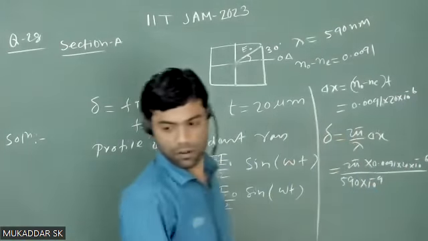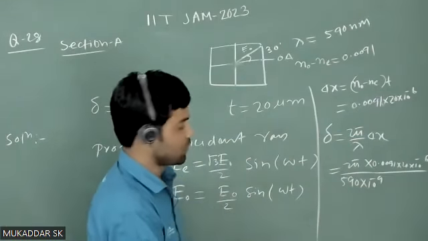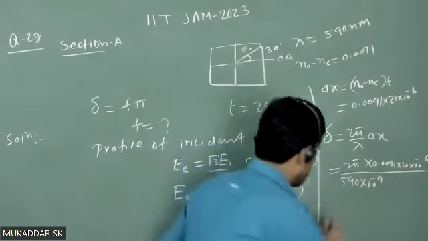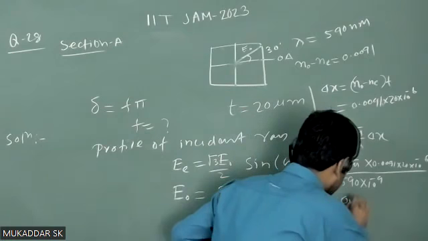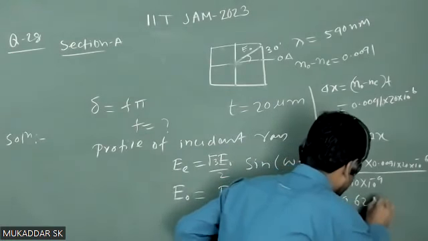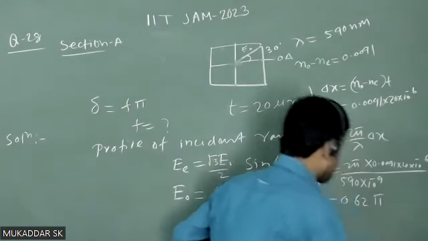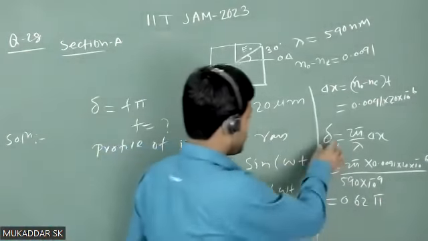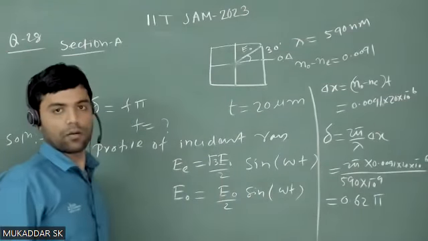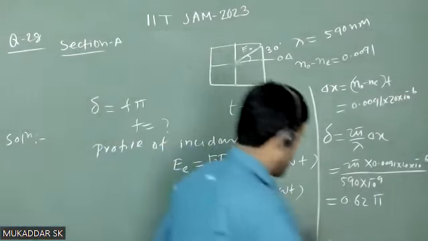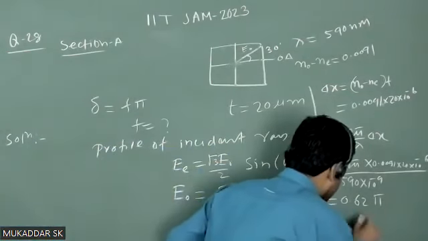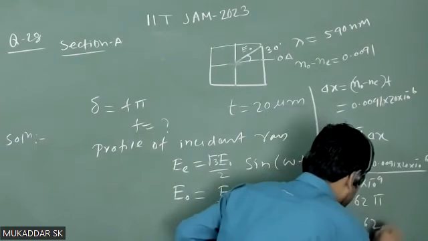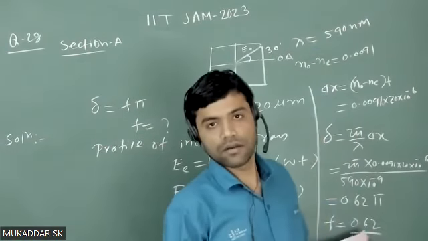If you calculate this, you will get 0.62 pi. This is the phase difference between E ray and O ray after transmission, so the value of f is 0.62, which was also asked.